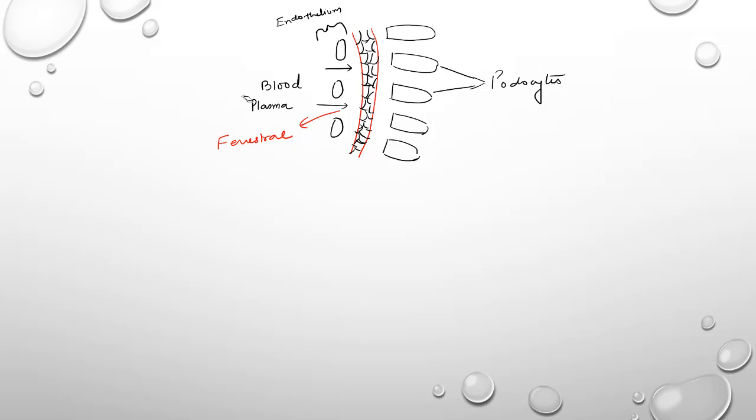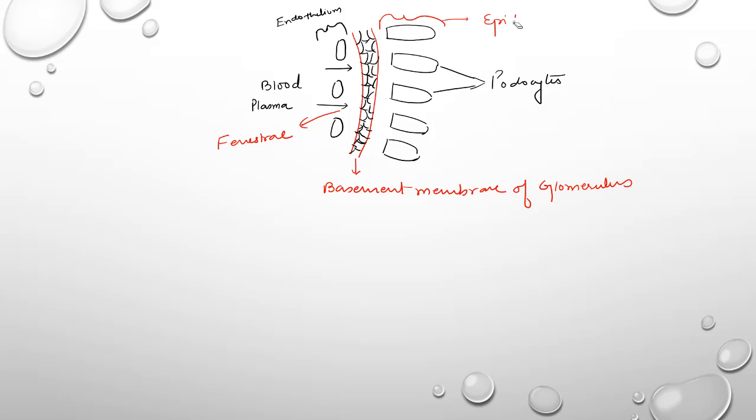Now this is the basement membrane of glomerulus. After the basement membrane, it is followed by the epithelium of the visceral layer, that is the podocyte layer.